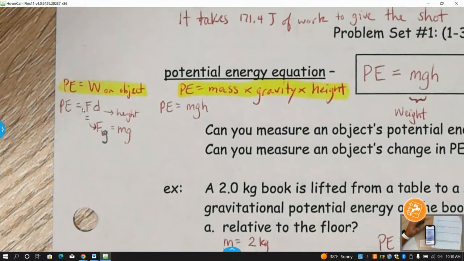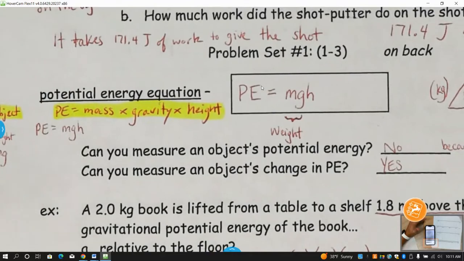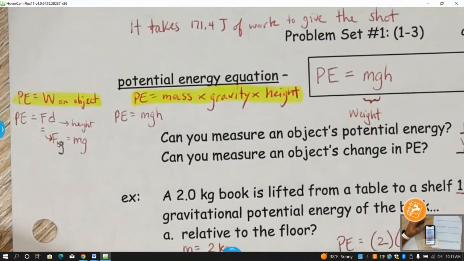So potential energy is force times distance, because that's what work is. Force here would be the force of gravity, which is m times g, and if d is height, we rearrange it to mass times gravity times height. So potential energy is mgh. Mass times gravity is weight, which is our F sub g.